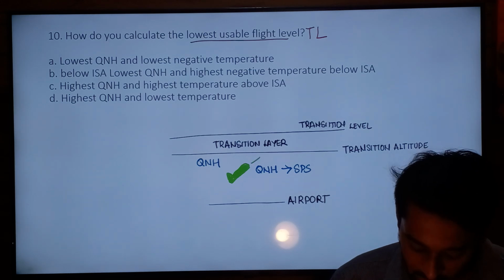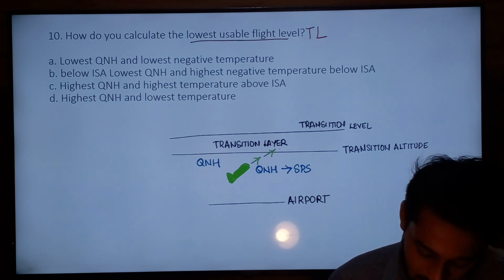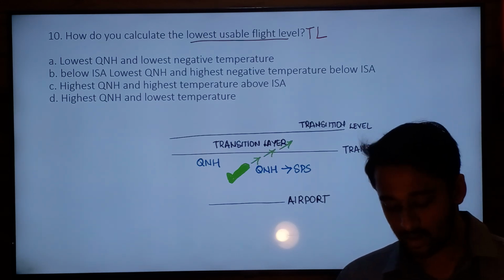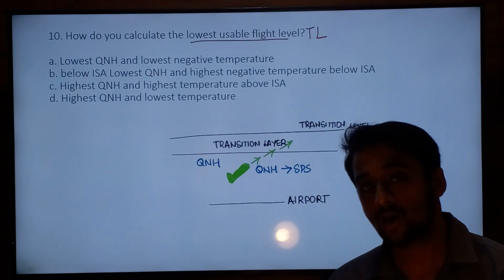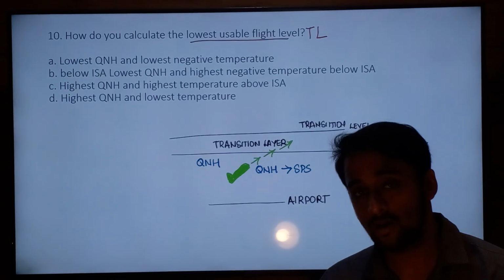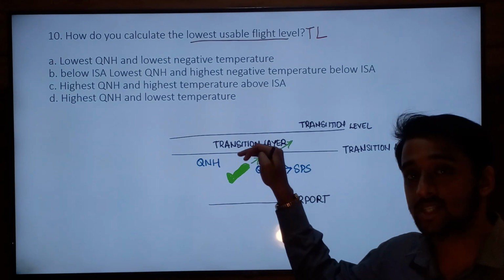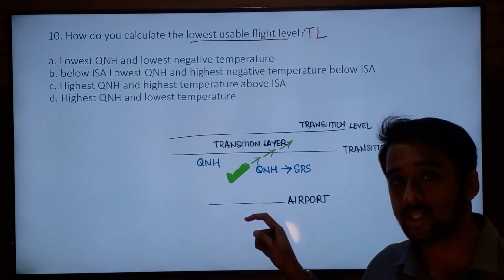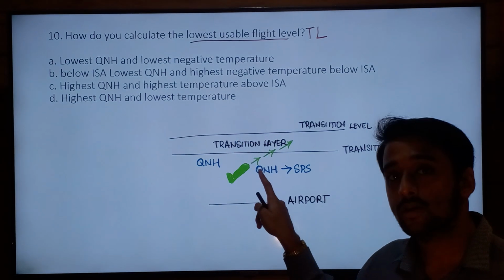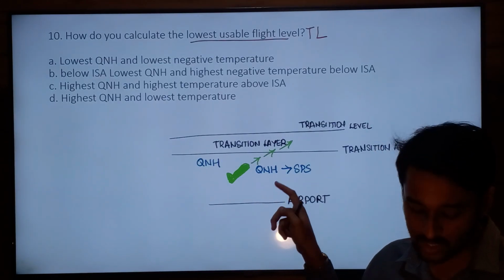So when we are climbing across and beyond the transition altitude, that time we will change our altimeter setting from QNH to standard pressure setting.